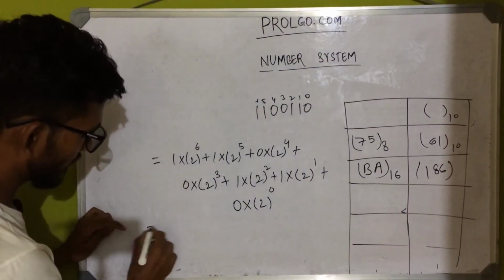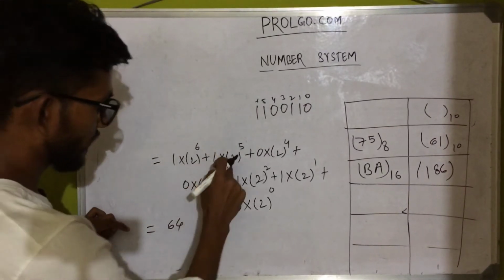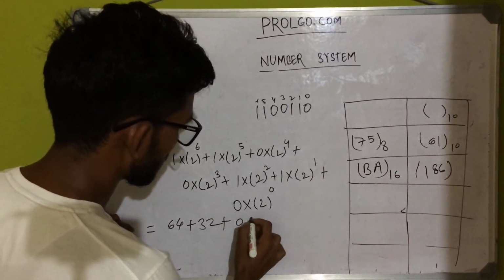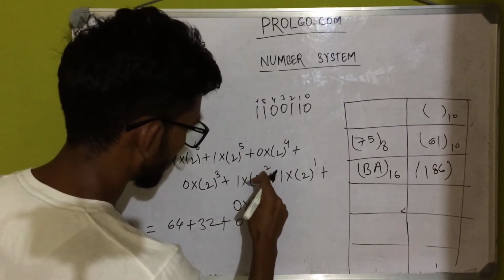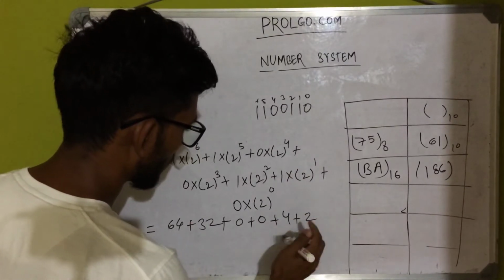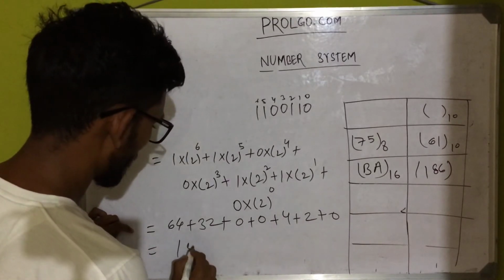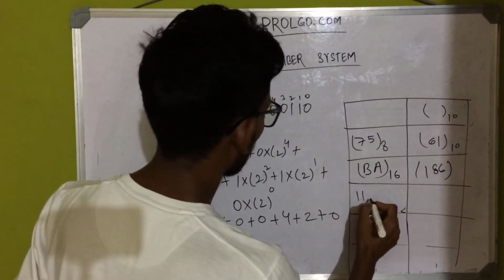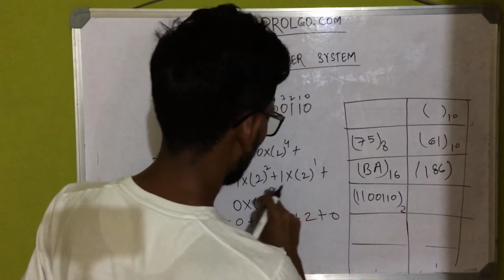So 2 to the power 6 is 64, 2 to the power 5 is 32, plus 0, plus 0, plus 4, plus 2, plus 0. So it will be 96, 100, 102 in decimal. So 1100110 in binary is equivalent to 102 in decimal.